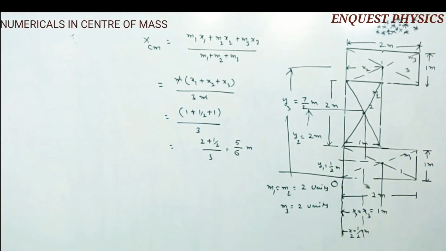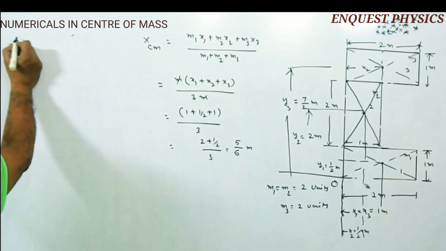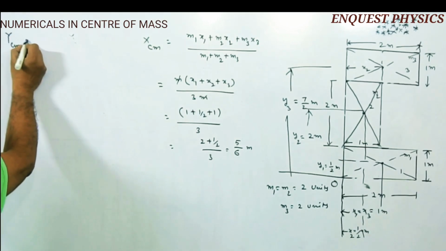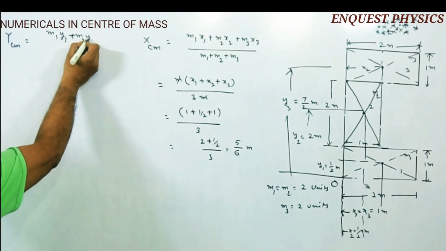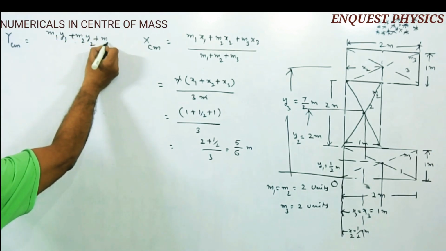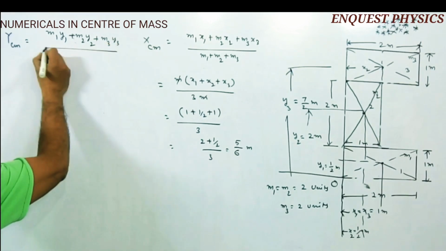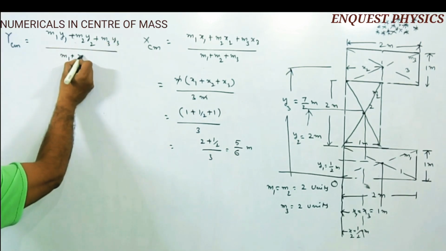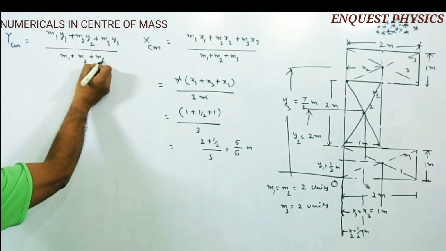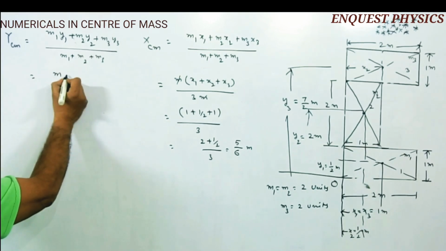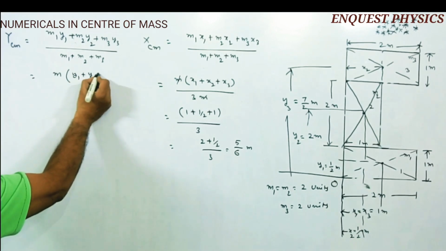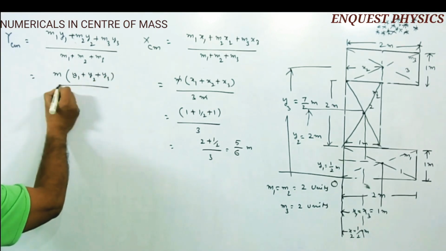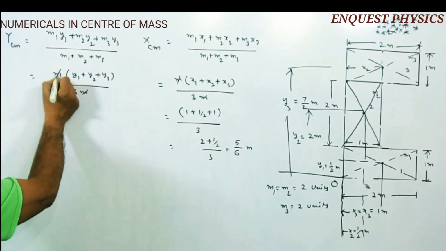Similarly we will get the ycm. ycm is equal to m1 y1 plus m2 y2 plus m3 y3 by m1 plus m2 plus m3. Since the mass is the same, that is m of y1 plus y2 plus y3 by 3m, where the m's get cancelled.